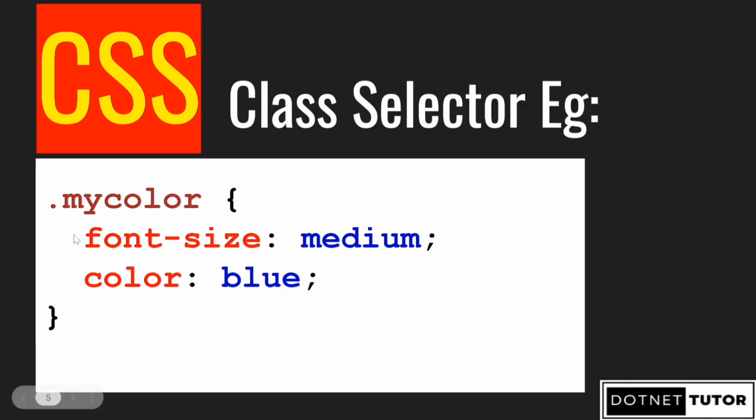The class is my color, and for my color we have some properties and values, like font size and color. This font size and color is applicable for this my color class. So if we keep the my color class in a paragraph or headings or whatever HTML element, this CSS selector is applicable.